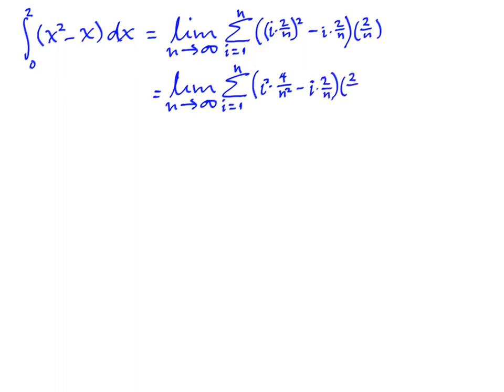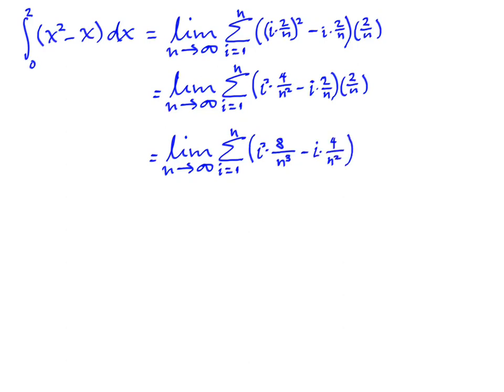All of that is still multiplied by 2 over n. So now I'm going to distribute that 2 over n into both of the terms. So it's i squared times 8 over n to the third minus i times 4 over n squared. So I've just distributed that 2 over n.